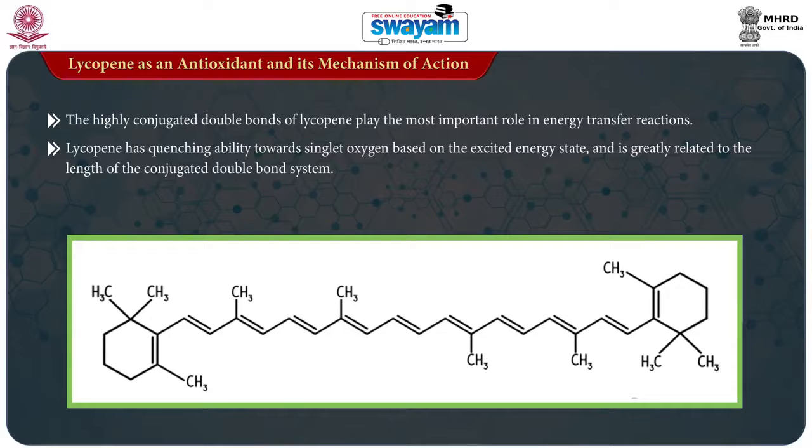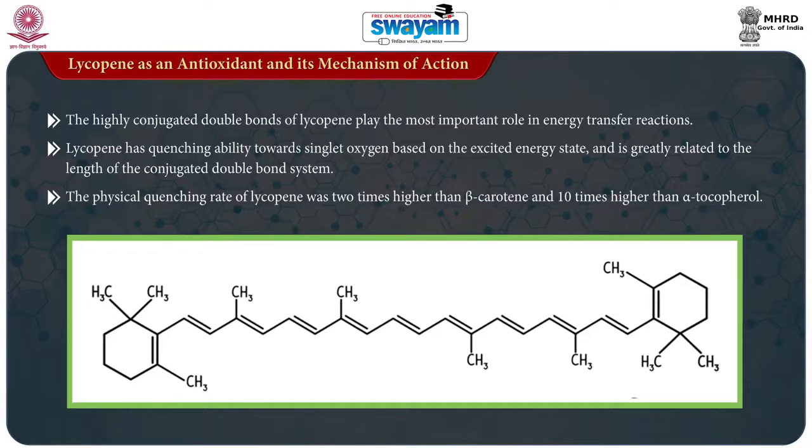Lycopene has quenching ability towards singlet oxygen based on the excited energy state and is greatly related to the length of the conjugated double bond system. The physical quenching rate of lycopene was 2 times higher than beta carotene and 10 times higher than alpha tocopherol.